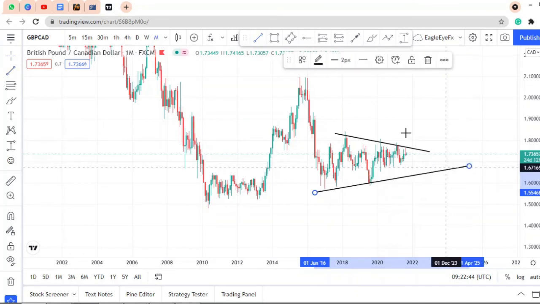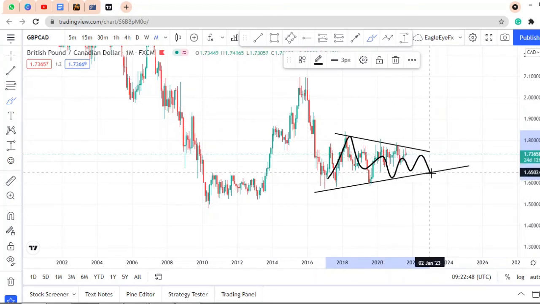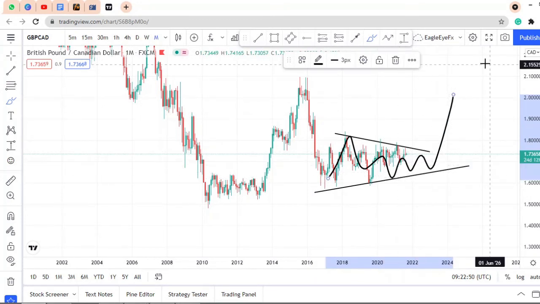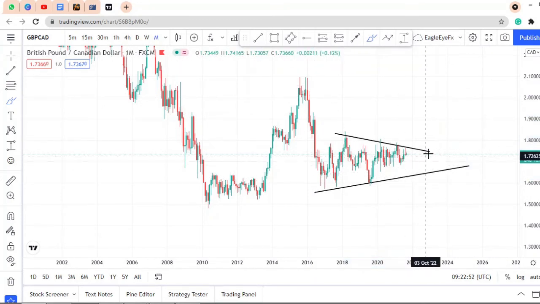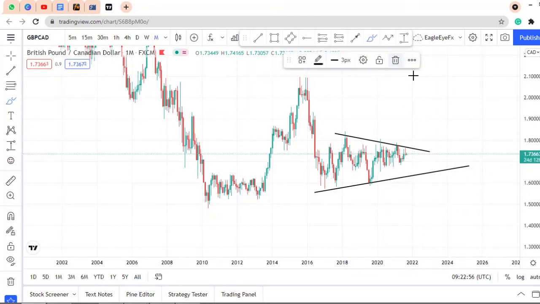Maybe it's preparing to either break out, we never know. We don't know yet, but that's what we can observe generally from the monthly time frame.